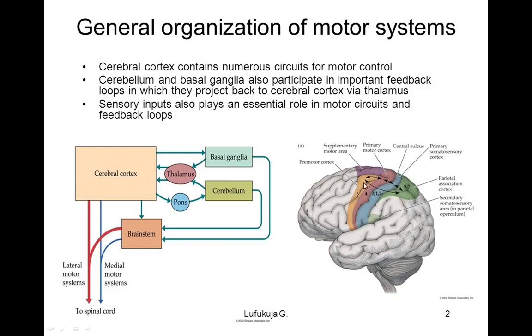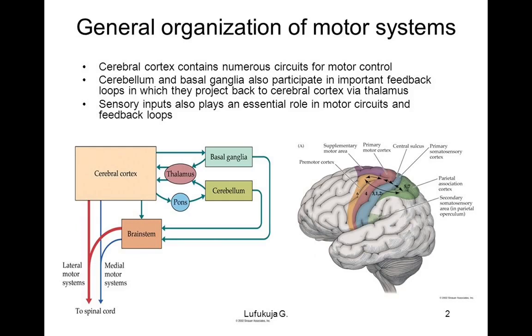As you can see, these arrows are all ending in the premotor cortex, which again proves that for execution of all these meaningful movements, there is a need to coordinate with the assumption of the right posture for the execution of the desired meaningful movement.